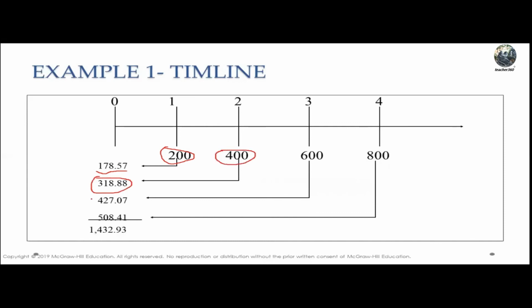If you invest 427.07, you will receive 600. If you invest 508.41, you will receive $800. So altogether, your present value or your invested amount of money is 1,432.93.